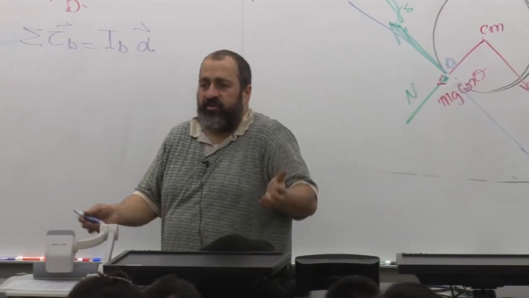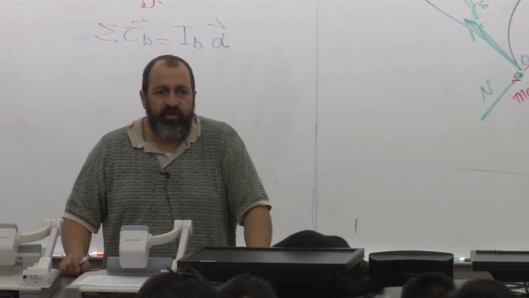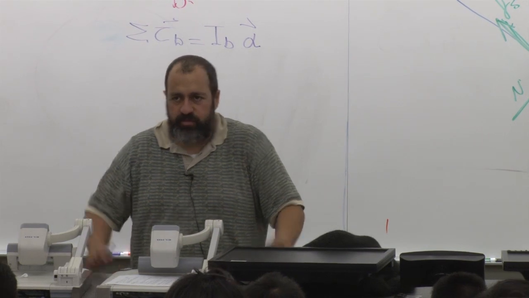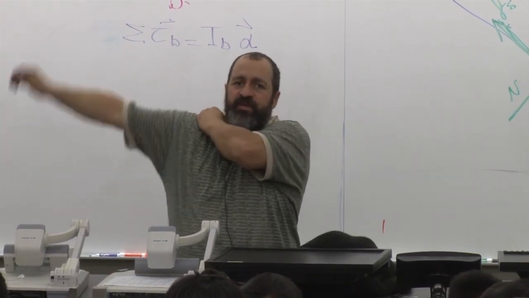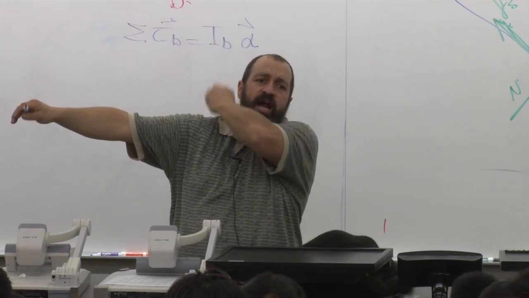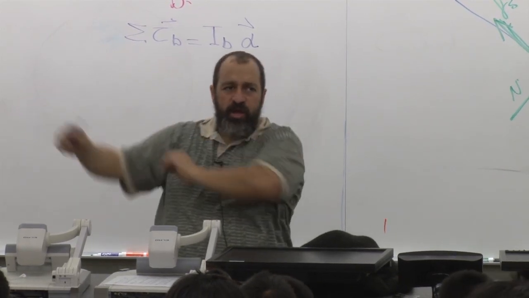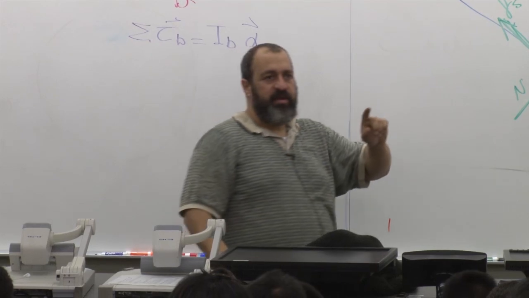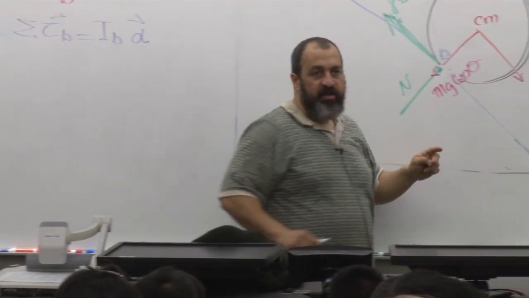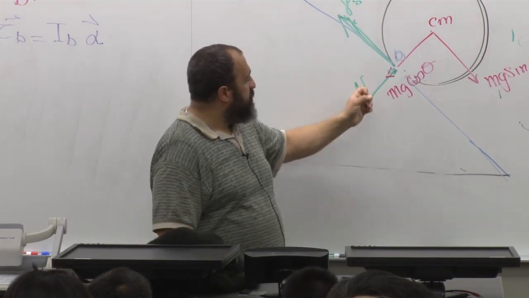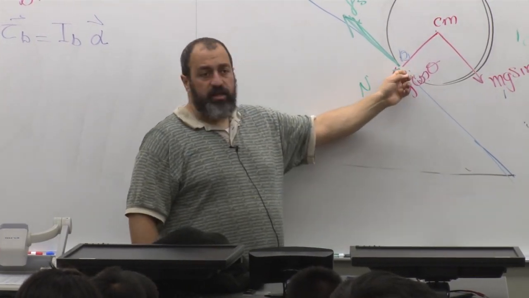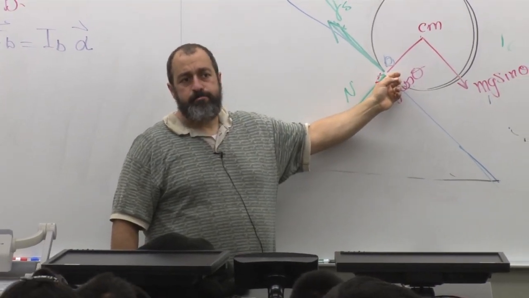What is a torque? Torque is the ability of a force to generate rotations. We just demonstrated that if this is the pivot, a force here will not cause rotations. A force out will also not cause rotations. Does N create torque about B?